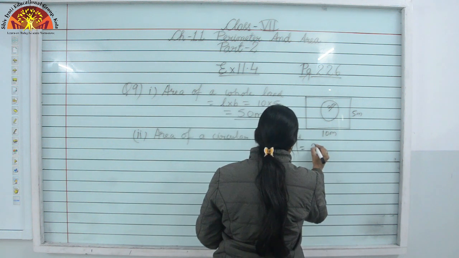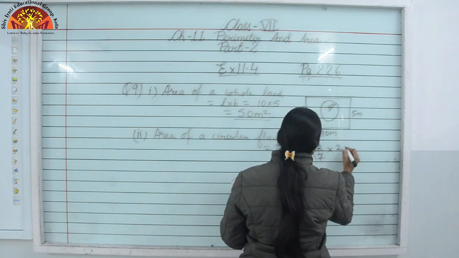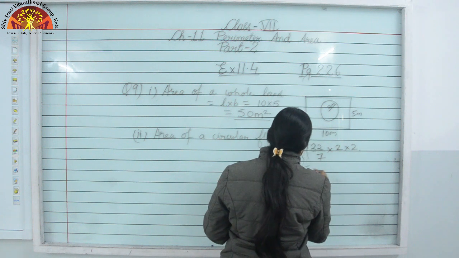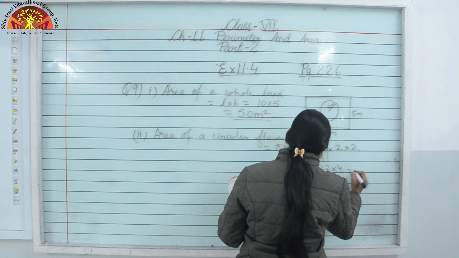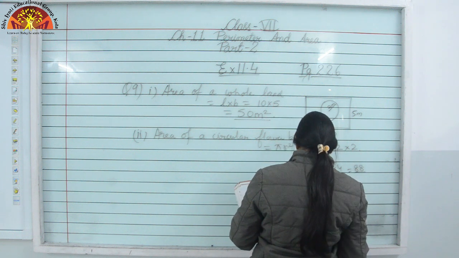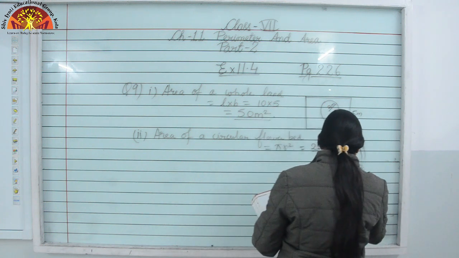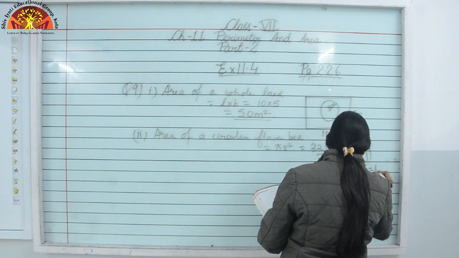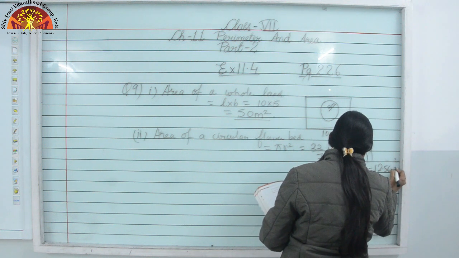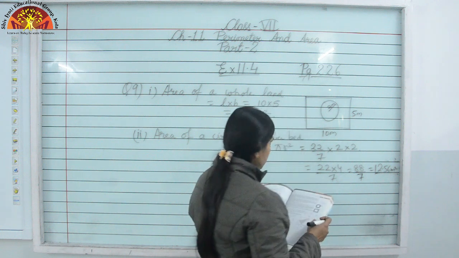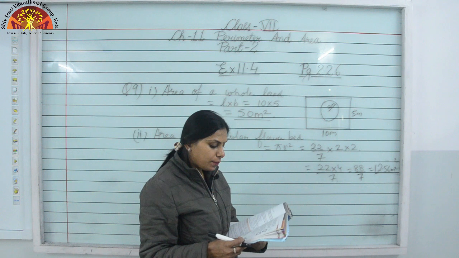That is 22 upon 7 into r square, that is 2 into 2. So 22 into 4 upon 7, that is 88 upon 7, okay. So it comes out to be 12.56 meter square. So area of the flower bed is equal to 88 upon 7, which is equal to 12.56 meter square.